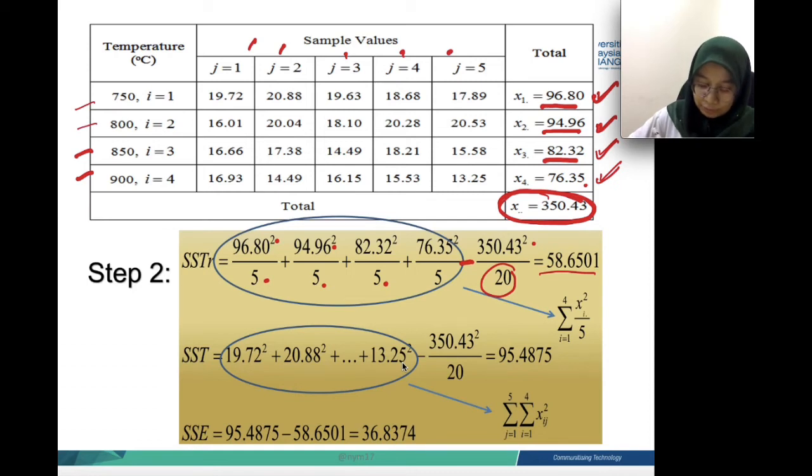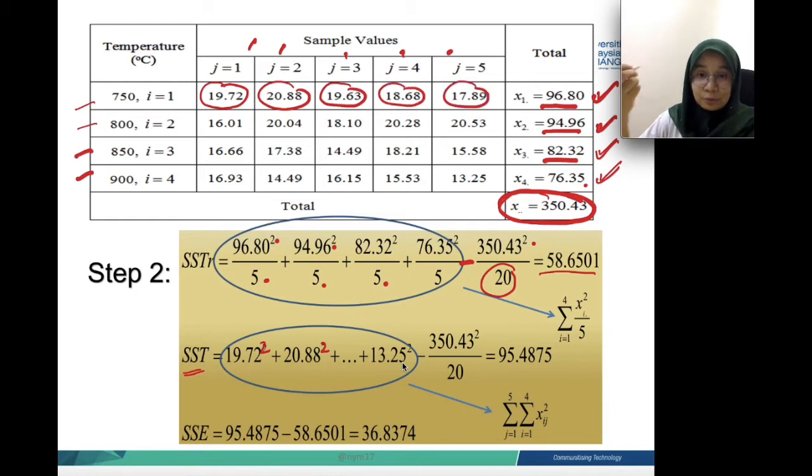Okay, so how about the total? The total is each of the data: 19.72 squared plus 20.88 squared plus 19.63 squared plus 18.68 squared plus 17.89 squared plus until 13.25 squared. You add each of the data squared, and then minus the total squared divided by total data.